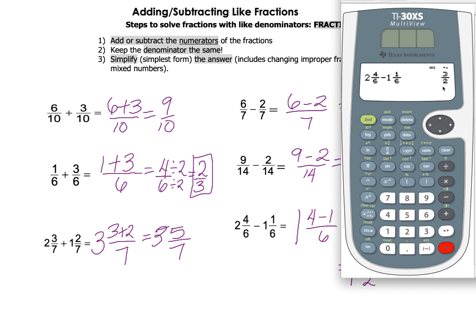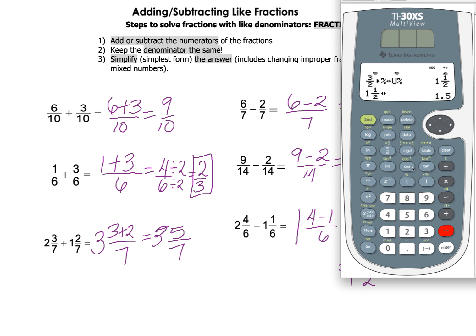My answer is 3 over 2, which is an improper fraction, but to get the mixed number, second function, and this function right here, and enter. Notice I get 1.5. Now if I want the decimal, right here, and you get 1.5.